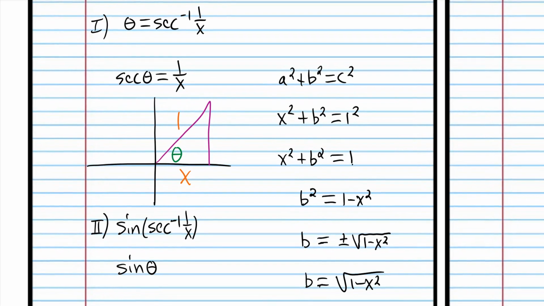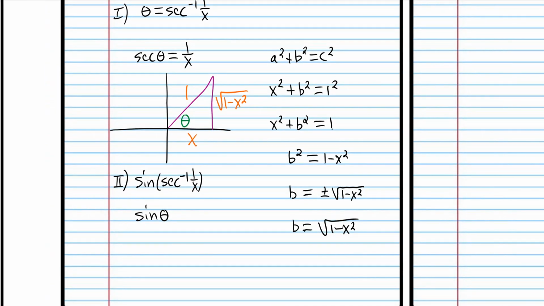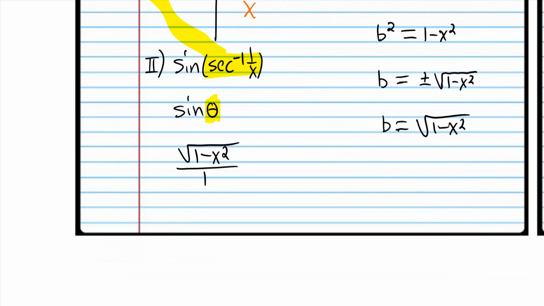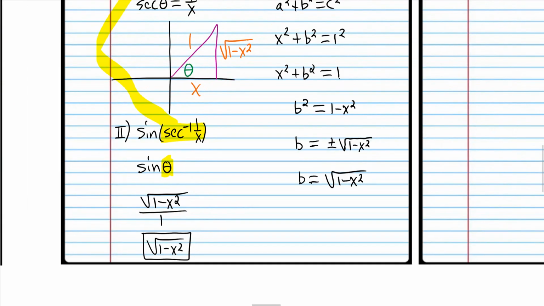So we can write what b equals up here, the missing side, and now we can find sine theta. That's just equal to the side opposite over the hypotenuse, so root 1 minus x squared over 1, and that just simplifies to root 1 minus x squared. So that is the answer.